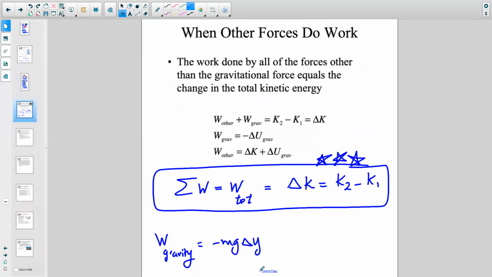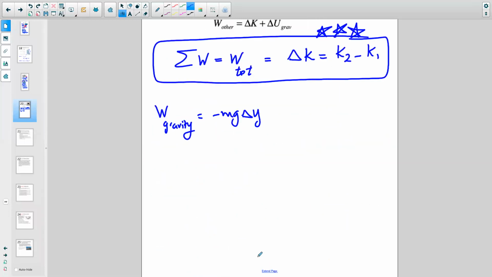Right? So I have that. Now, do you remember what U was? U was mgh, or by the way, I can write this as negative mg delta h, right? And y and h, height or along the y direction.